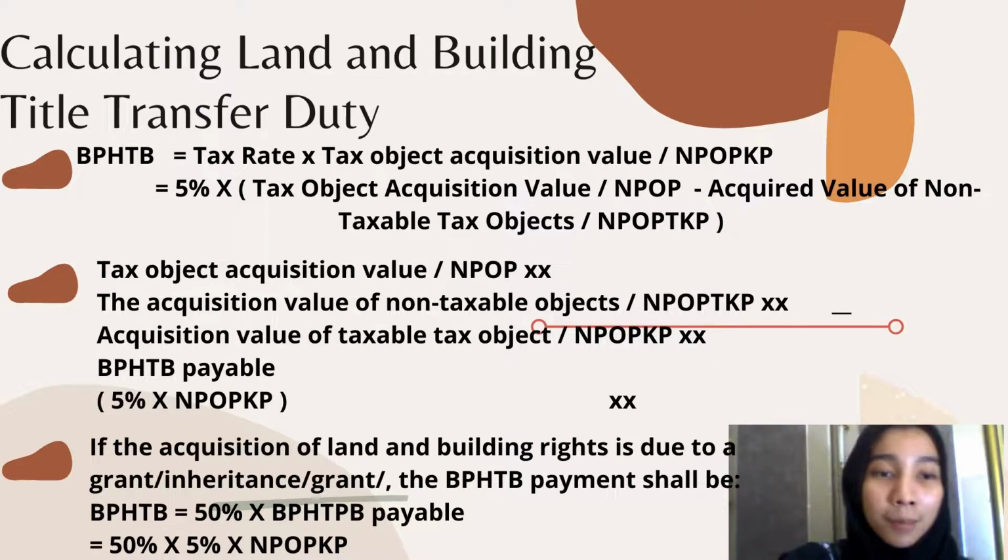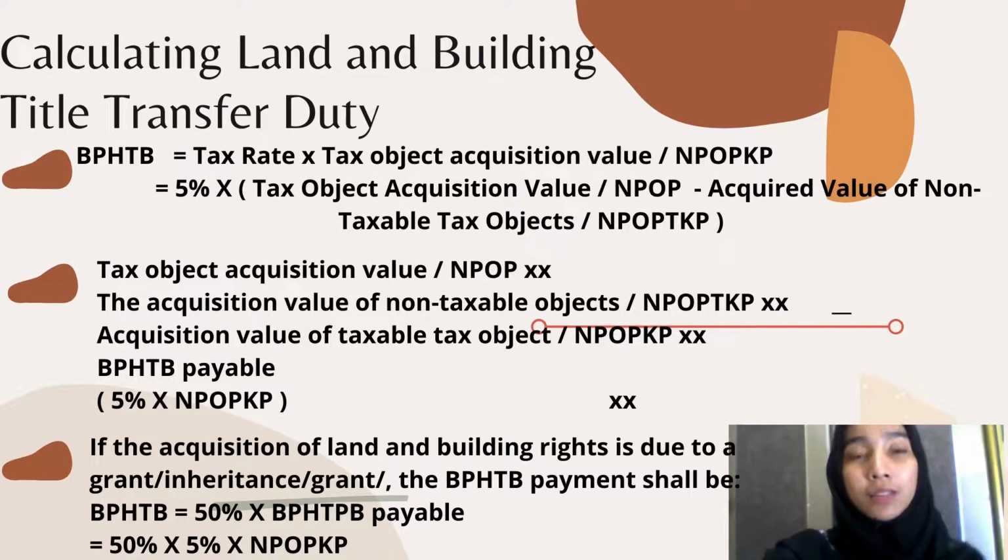BPHTB equals tax rate times tax object acquisition value, or NPOP, minus non-taxable acquisition value, or NPOPTKP. In other words, 5% times (NPOP minus NPOPTKP).